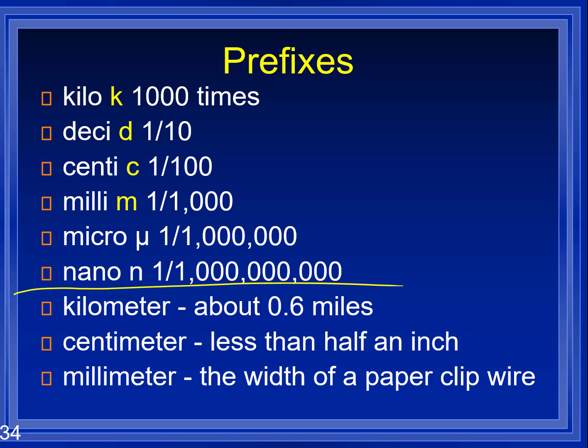Not the whole paperclip, just the wire on the paperclip is about a millimeter. So you use that for measuring really small distances. Your socket wrenches and stuff are in millimeters, because you would not want a 10 centimeter socket wrench because the nut would be this big.